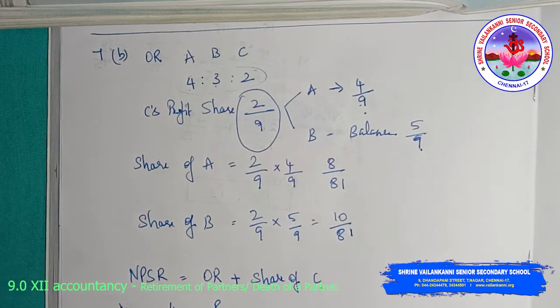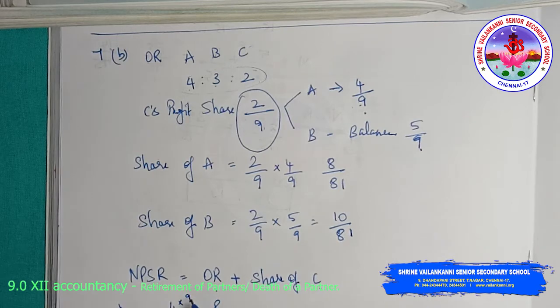Similarly for B, old ratio is 3 by 9 plus 10 by 81. So for this, 4 by 9 plus 8 by 81.